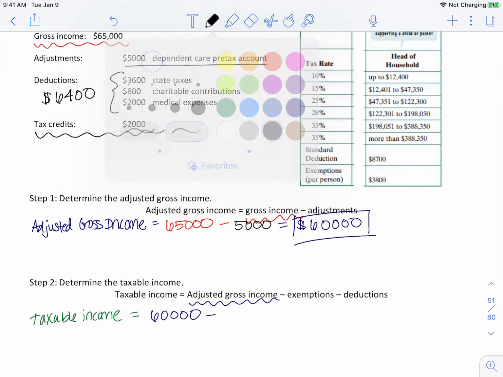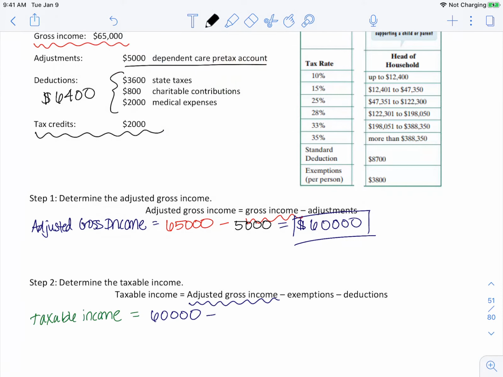So if I look in our table here, we can see we have an exemption per person right here. That's $3,800. So for this case, we have an unmarried head of household with one dependent. So again, this is for our head of household and the dependent.